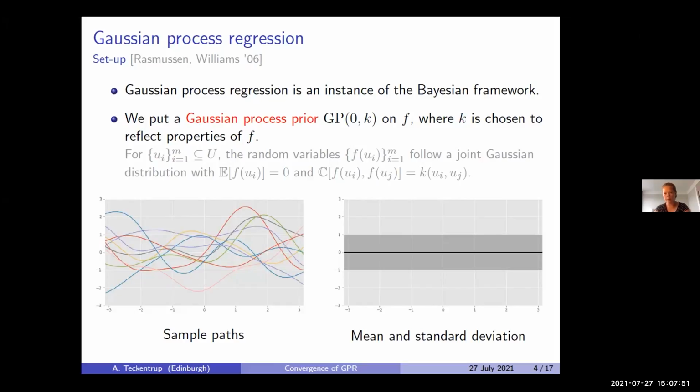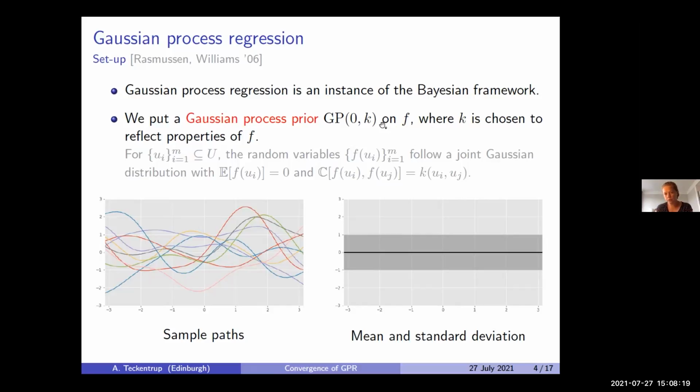So the way that it works, as in the general Bayesian setup, is that you choose a prior distribution on your unknown f, and then you update the prior to the posterior by conditioning on the data. Okay. So the first step is to choose a prior distribution on your unknown f. How you choose this depends a bit on the function, and I'm going to get back to that later because it's an important point.